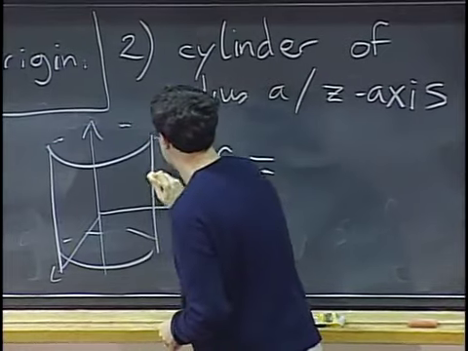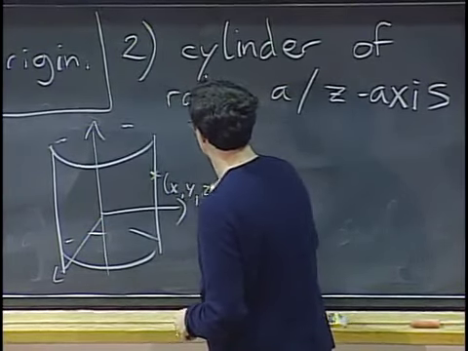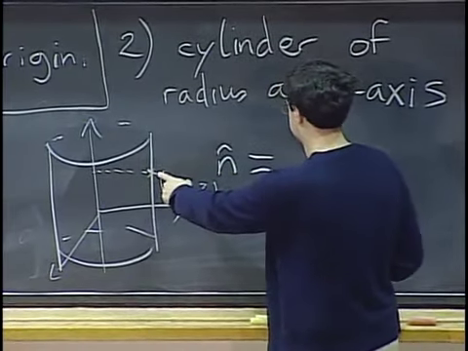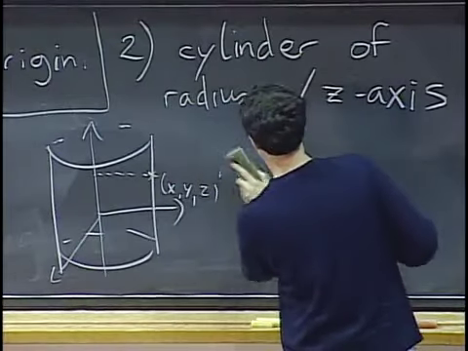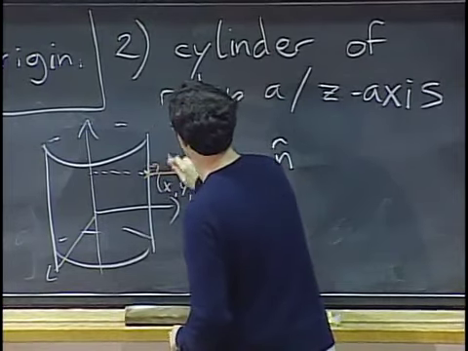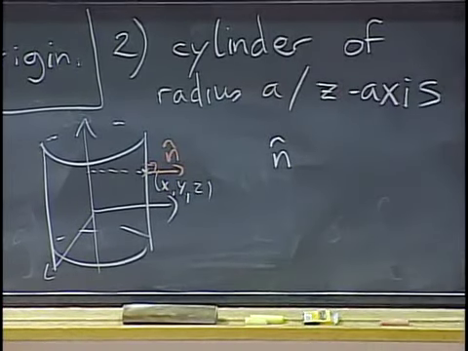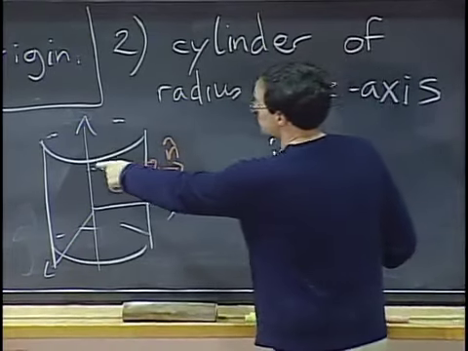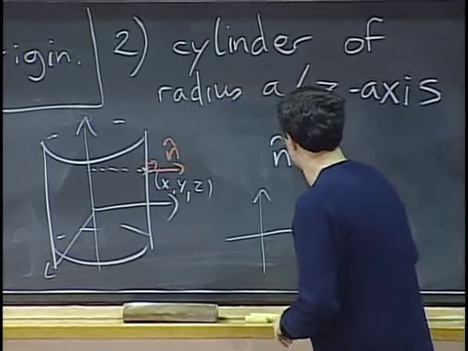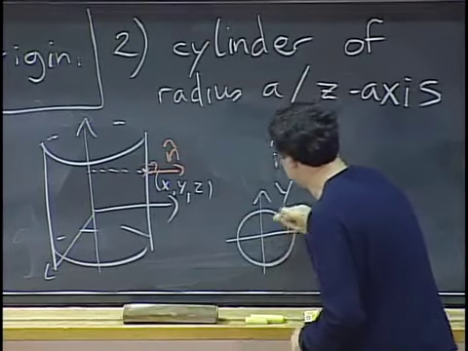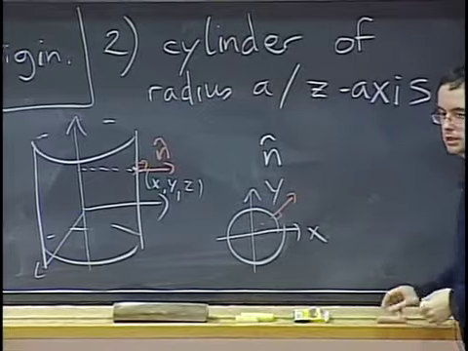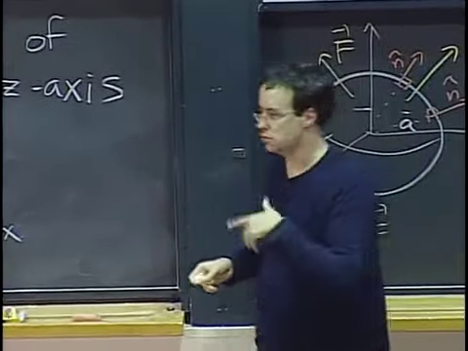See, if you have a point here at x, y, z, it would be pointing straight out away from the central axis. So my normal vector, if I'm taking it to point outwards, will be going straight away from the central axis. That means, if I look at it from above, maybe it's easiest, look at x, y. Then my cylinder looks like a circle, and the normal vector just points straight out. It's the same situation as when we had a circle in the 2D case.